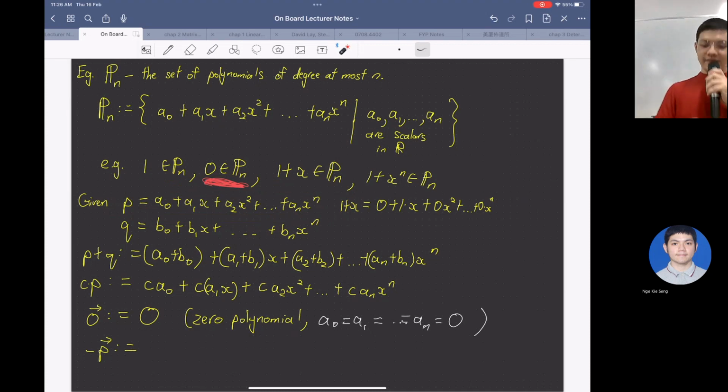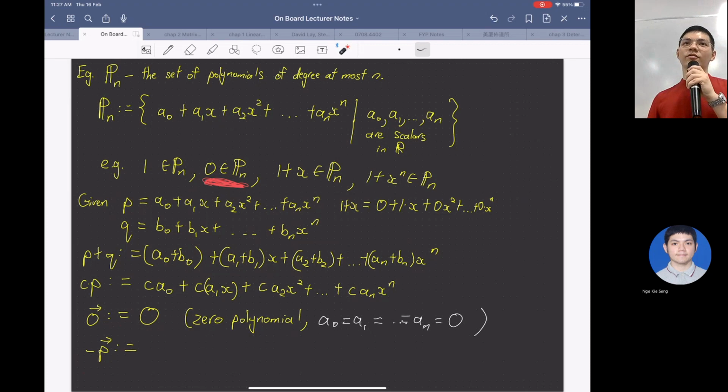What's the number you add to a0 to get 0, and to a1 to get 0?